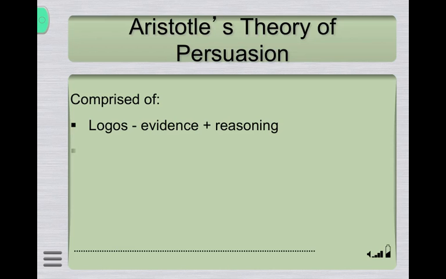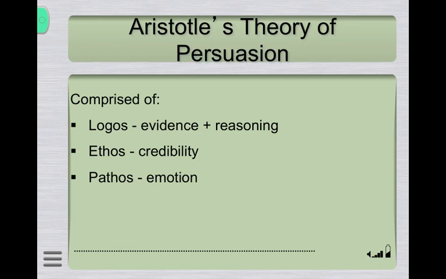The next area or component of Aristotle's theory is ethos, and that was credibility. He basically proposed that unless the audience finds you credible, unless you clearly state why you're credible, persuasion would be more difficult. And the last component of the theory of persuasion was pathos, which is emotion. So really, this is similar to the elaboration likelihood model.